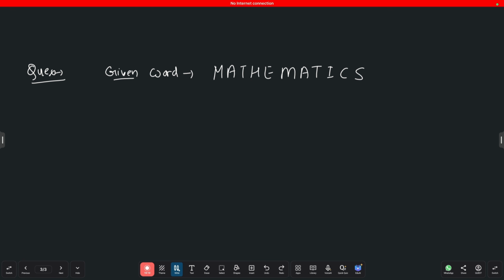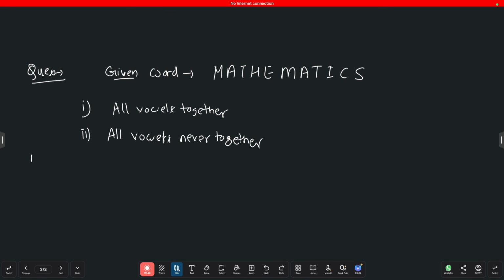Now the question is: count when all vowels are together, and when all vowels are never together. So let's solve the first one.